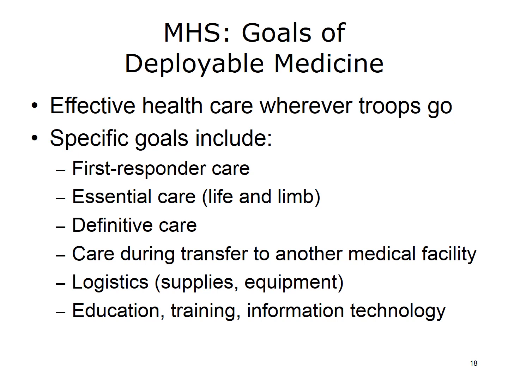Care is also provided during transfer to another medical facility, and logistical support optimizes the use of medical supplies, materials, and up-to-date equipment. The Military Health Service also provides education, training, and medical information technology services.